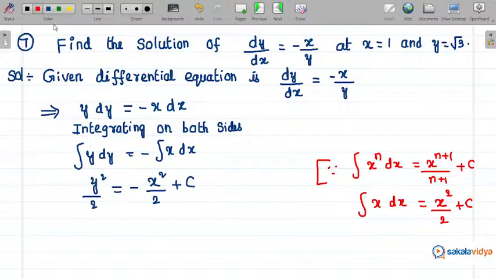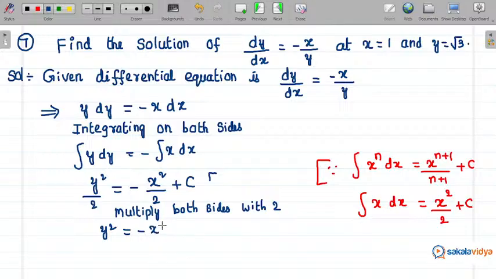So, multiply both sides with 2. Then what do we get now here? 2 by 2, 1 into y square is equal to negative x square plus constant of integration 2c, but write down c, no problem.